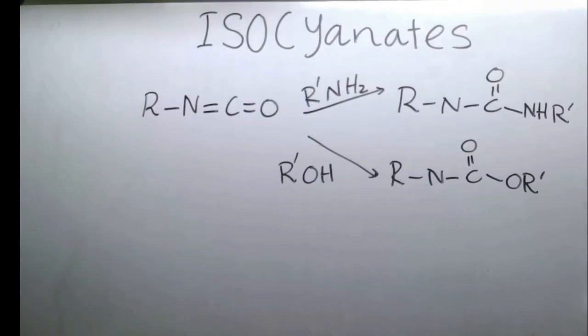This is because amines, that means primary amines, are stronger nucleophiles than alcohol. So these are the resultant products. If you treat isocyanate with amino alcohol, in the next step we will see how these mechanisms are created.